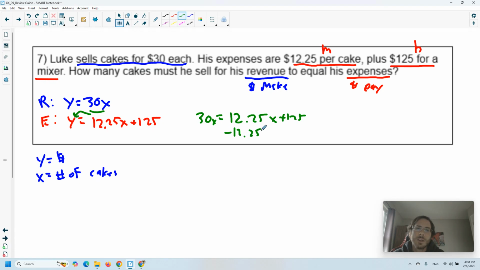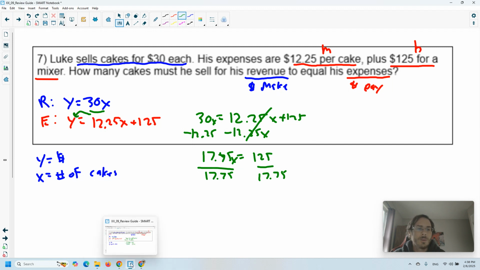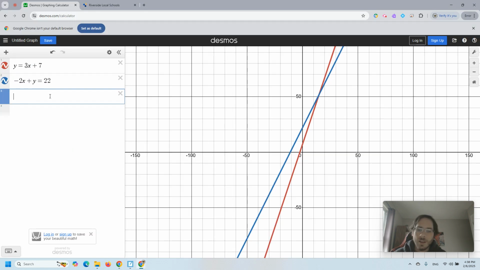But we can see one problem here is we're subtracting 12.25x from both sides, and 30 minus 12.25 is 17.75, which doesn't seem like a really good number to divide by. I think we're probably going to have to go to the calculator anyway. So it might have been better to just graph these. But 1.25 divided by 17.75, we get 0.07.